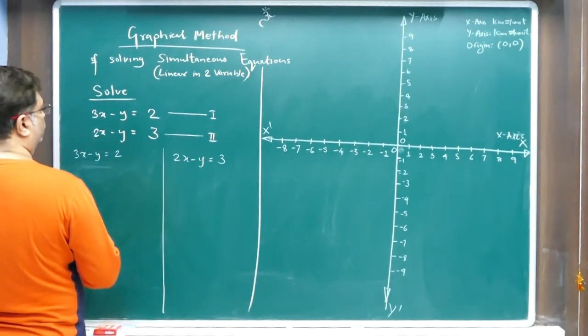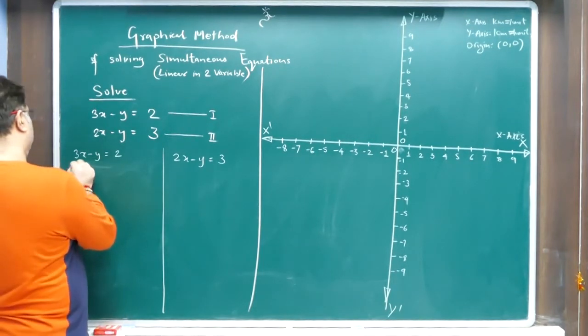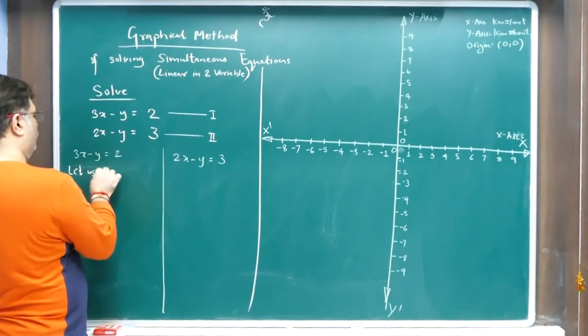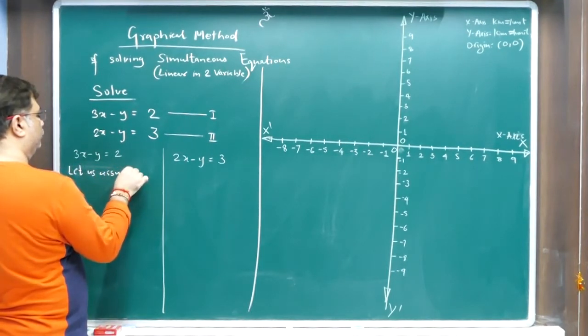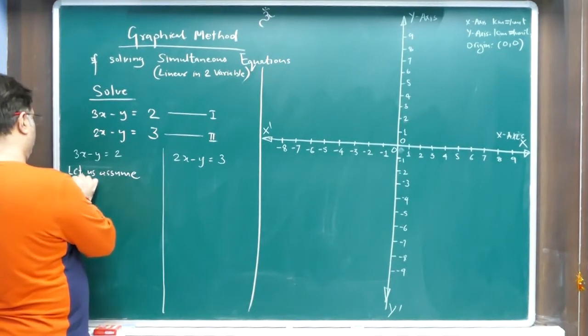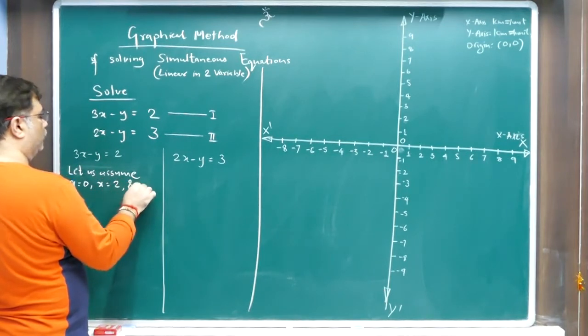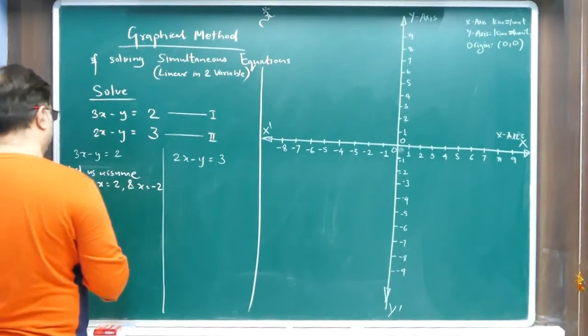Alright. So I will say, let us assume x equal to 0, x equal to 2 and x equal to minus 2.